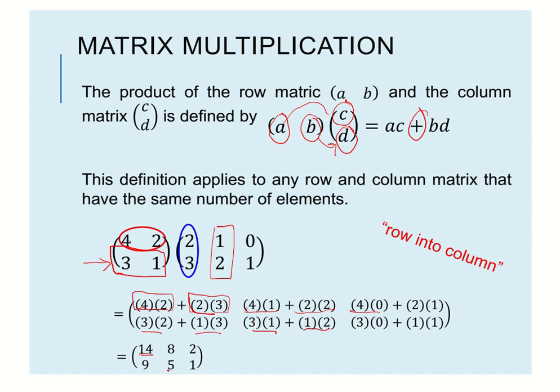And the sum is 5. And after that, we move to the third column. 3 times 0, and 1 times 1. And so from here, we have 1. All right, so this is how we perform the matrix multiplication.